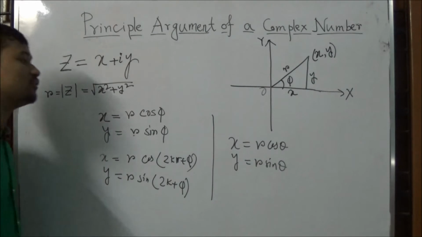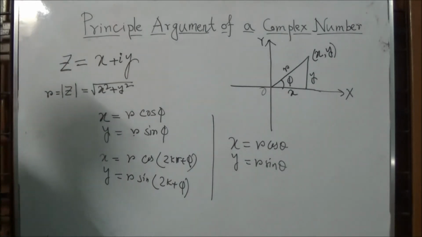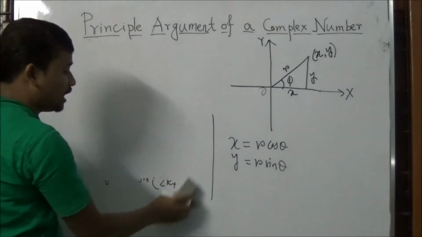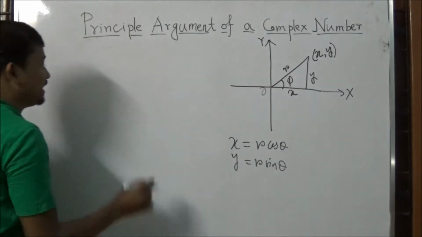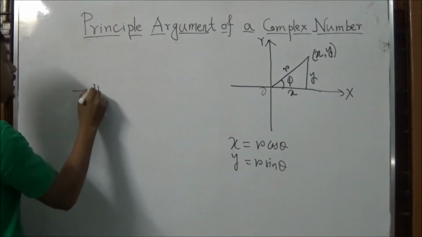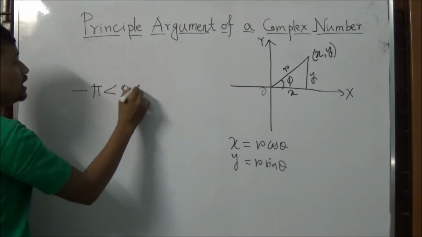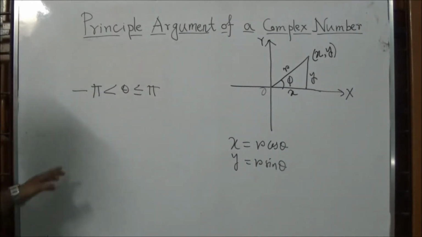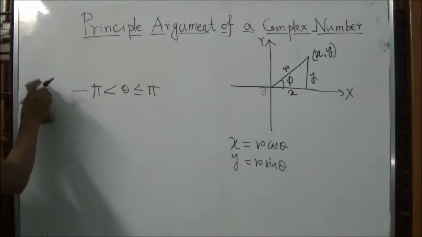All these values of theta are known as the argument of a complex number. Among all these values of theta, the one which satisfies the inequality minus pi less than theta less than or equal to pi is known as the principal argument of the complex number.